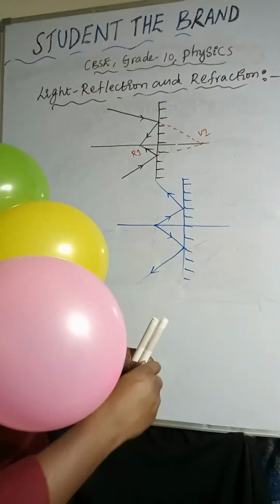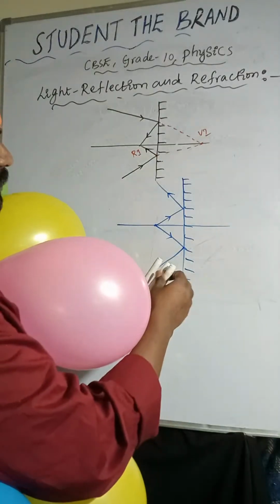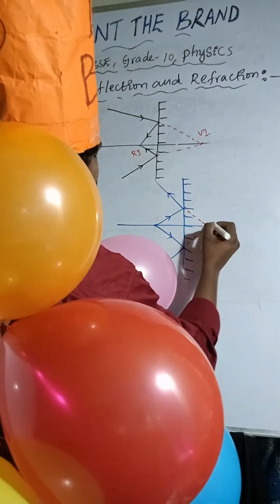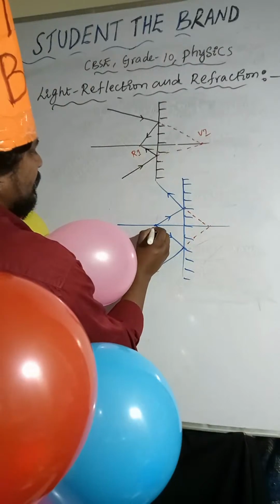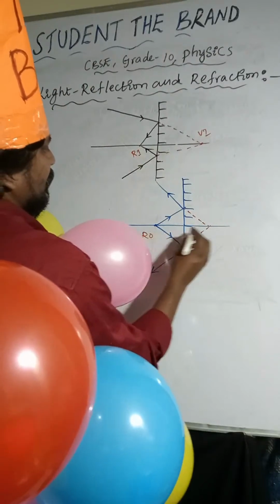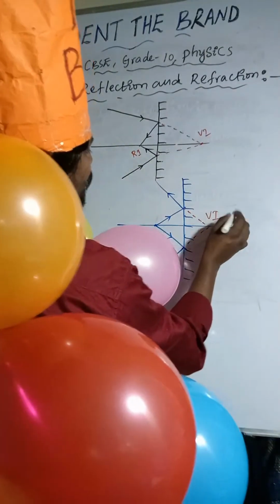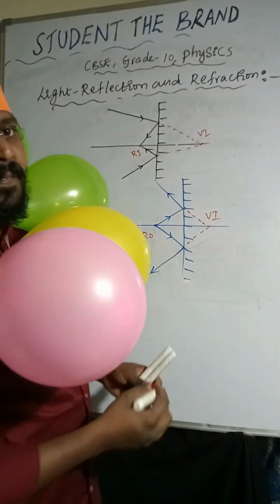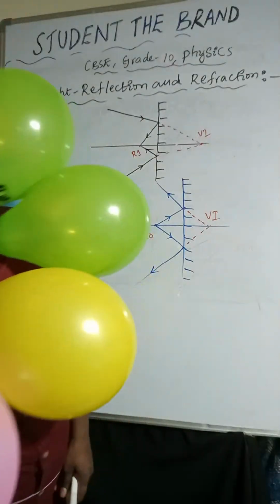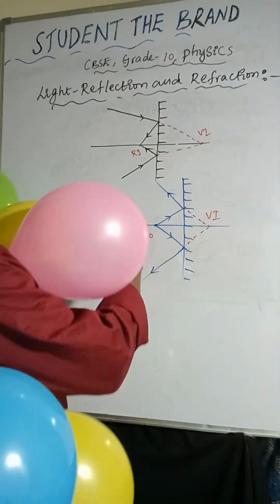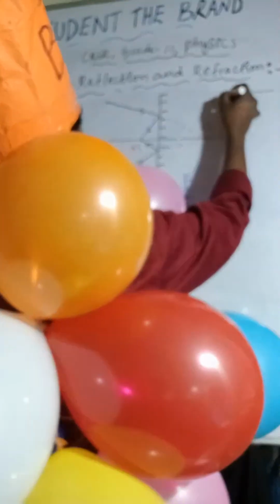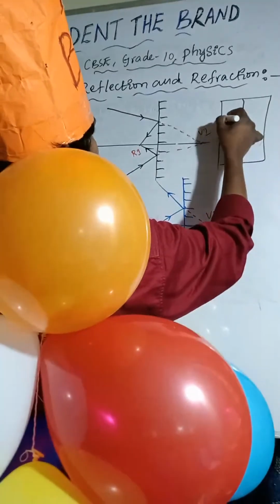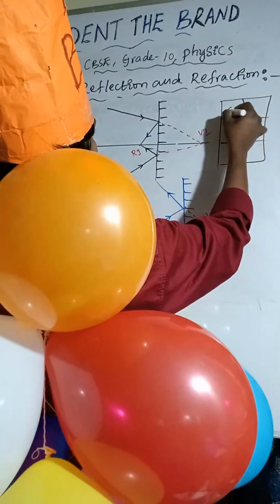Now you can observe here, we are extending these light rays. So this is the real object and this is the virtual image. Here you can observe one thing: object and image.